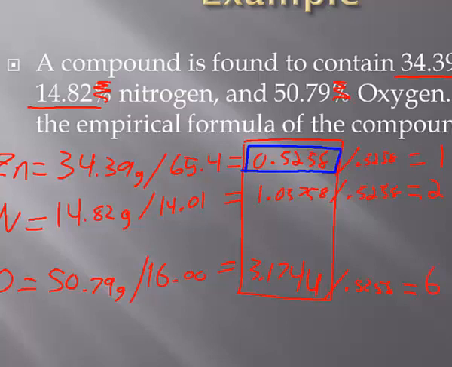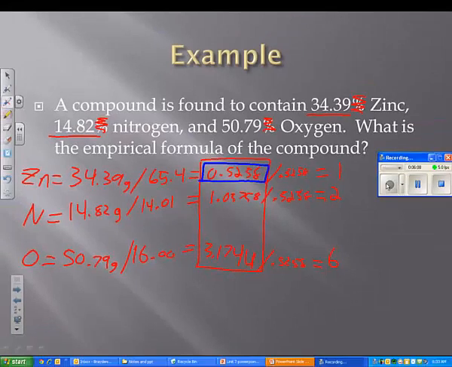So now these become subscripts. Zinc is the 1, nitrogen is the 2, and oxygen is the 6. Now normally we don't write the 1, so it's just ZnN2O6. And that's your final answer. See that these become the subscripts.